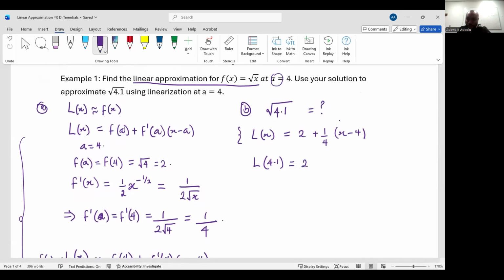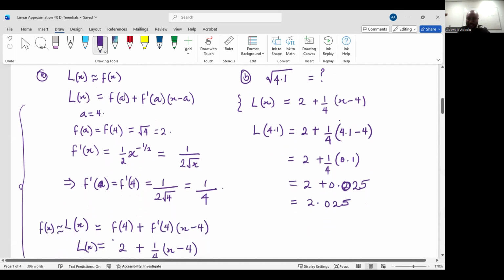So L of 4.1 is equal to 2 plus 1/4 times 4.1 minus 4, which is 2 plus 1/4 times 0.1, and that is 2 plus 0.025, which is equal to 2.025.